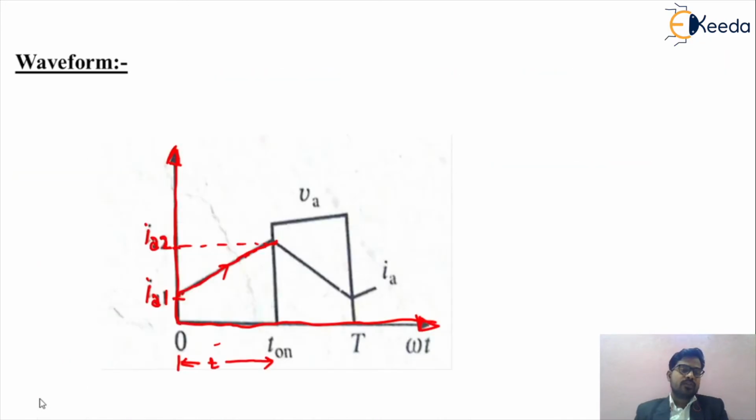For this period 0 to t on, the value of armature current is increasing, as we have shown. After that, the next period of operation is called the interval period. In that period, what will happen? I can show you.